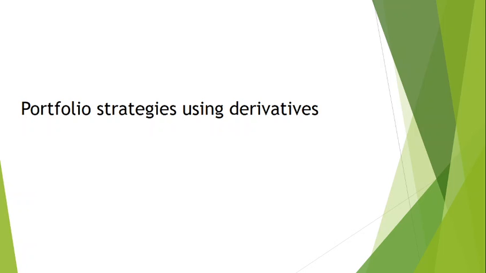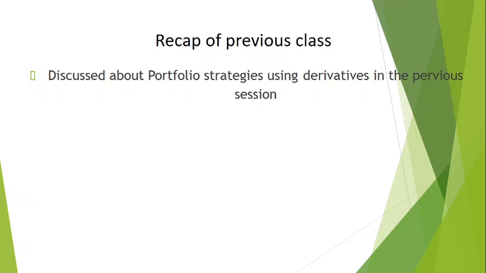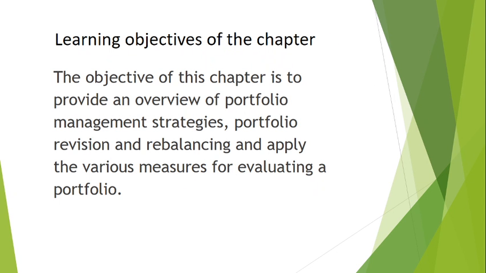Before going to discuss portfolio strategies using derivatives, let us recall which concept we discussed in the previous class. We discussed portfolio strategies using derivatives as an introduction in the previous session. The main objective of the chapter is to provide an overview of portfolio management strategies, portfolio revision, and rebalancing, and apply the various measures for evaluating a portfolio.